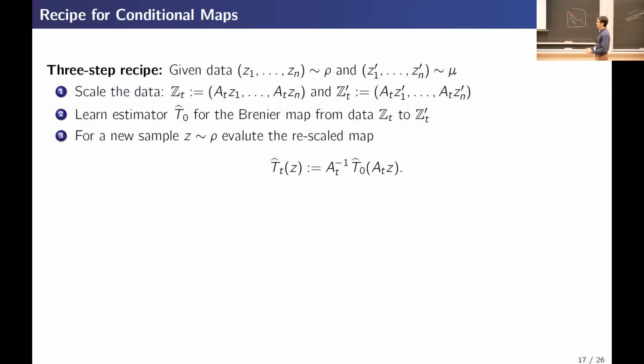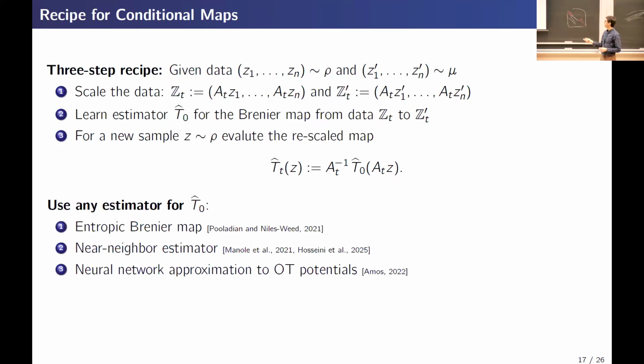And so the recipe is, given data from rho and mu, we rescale our data by this scaling matrix A_t given a particular t, learn an estimator for the Brenier map from our two data samples, and then use this to build an estimator T hat for our OT map.